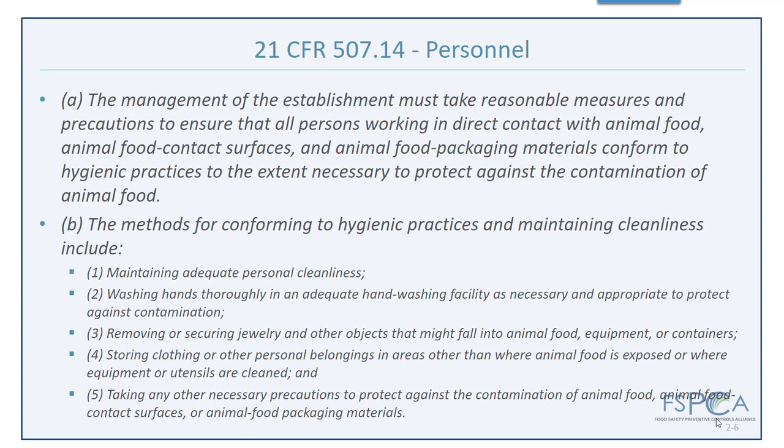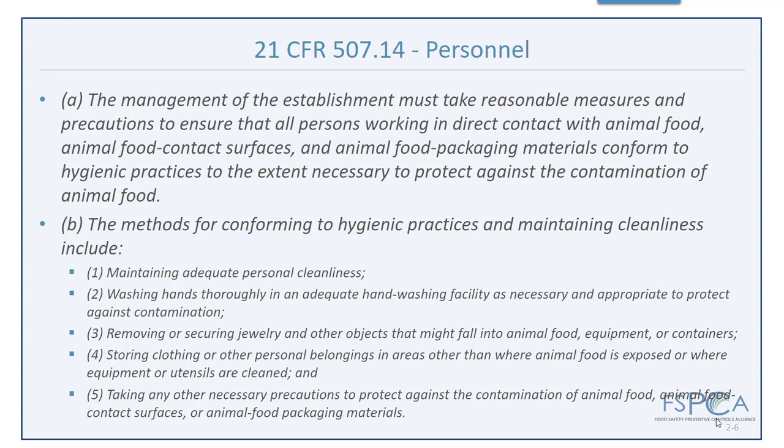Taking some ownership and understanding the importance of their job is critical to making sure that we are producing safe animal food. So every single person that manufactures, processes, packs, or holds animal food has to be responsible for maintaining these GMPs and maintaining a safe environment for their animal food.